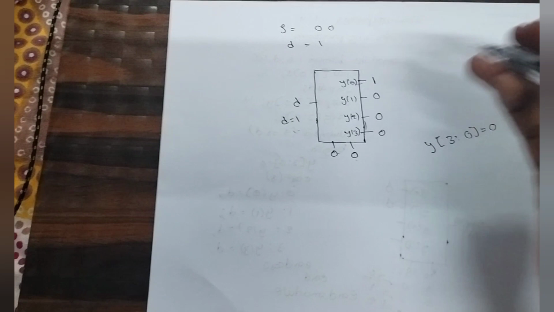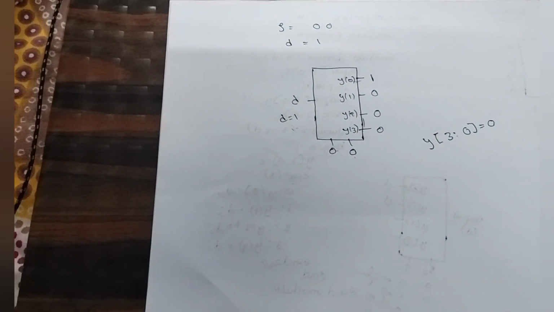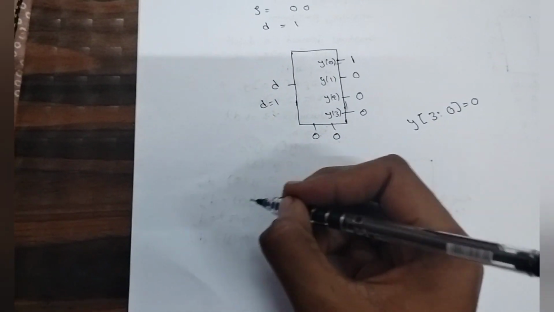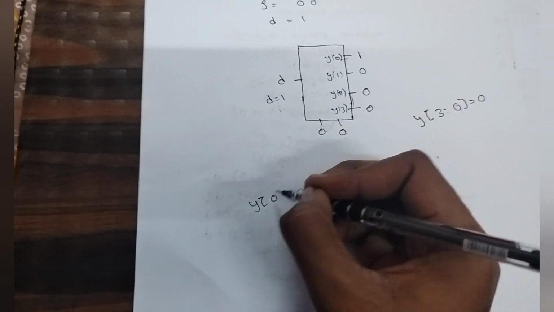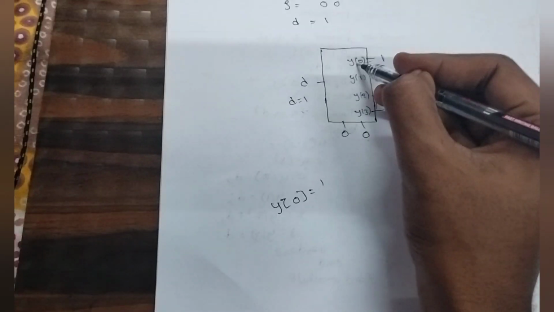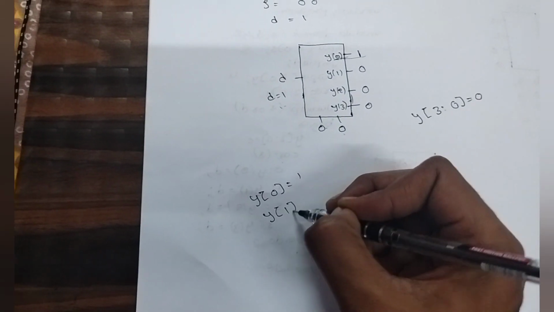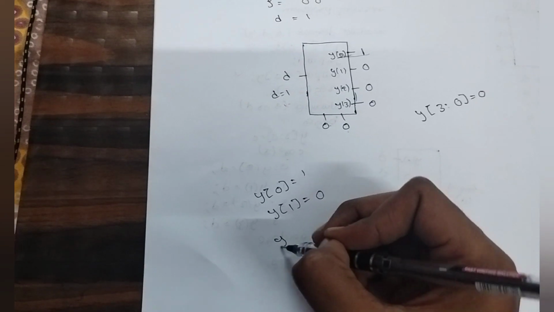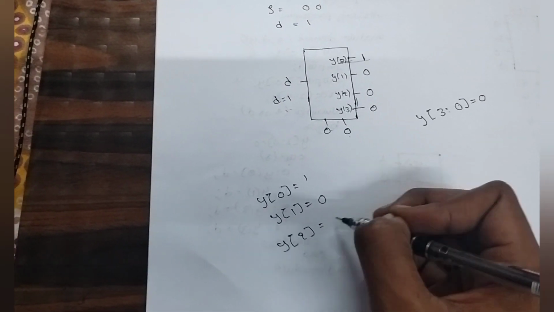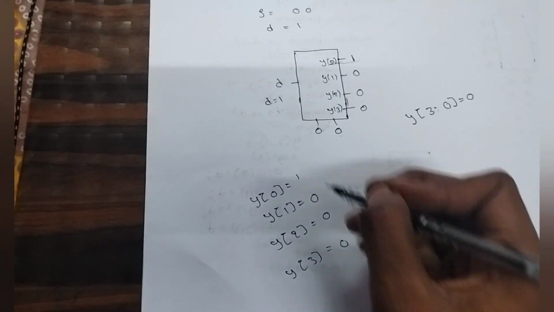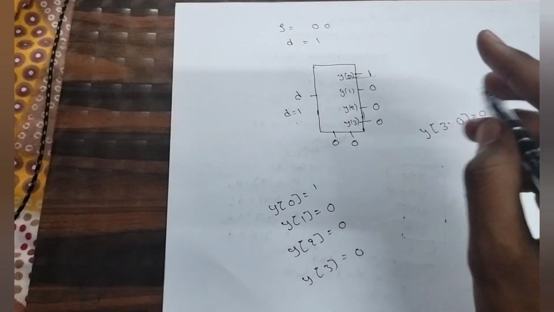So the output for this 1 is to 4 demultiplexer is y[0] is equal to 1, y[1] is equal to 0, y[2] is equal to 0, y[3] is equal to 0. So this is the whole output for the 1 is to 4 demultiplexer.